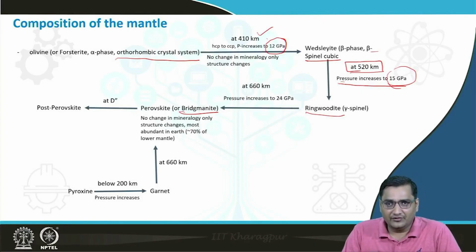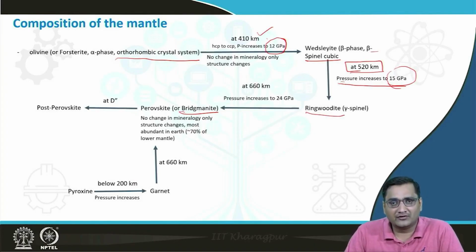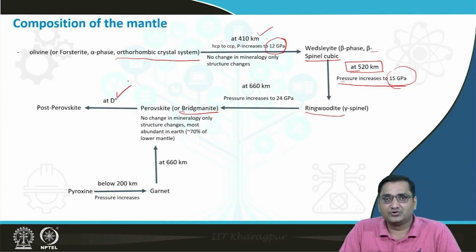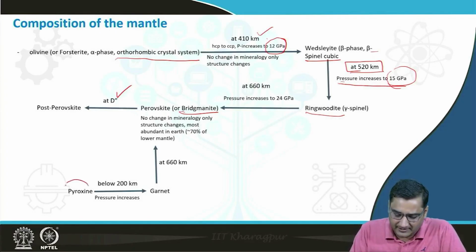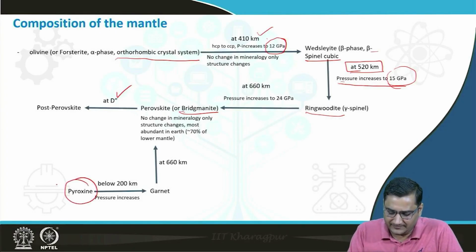And if you go even deeper, when you reach the core mantle boundary at the base of the mantle, where the D double prime layer is located, this perovskite changes to post perovskite. Let's talk about another mineral that is also present in the upper mantle, that is pyroxene.